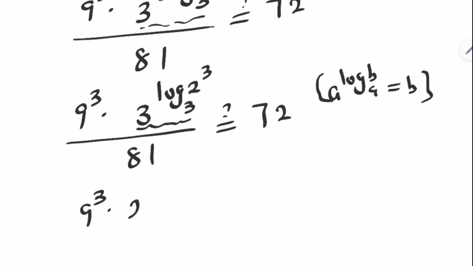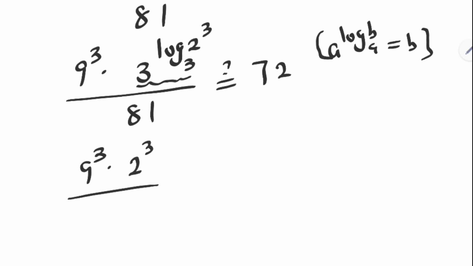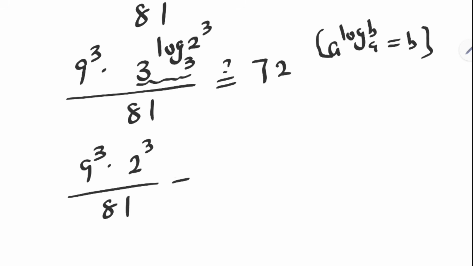So it's 2 raised to power 3 divided by 81 must be equal to 72.